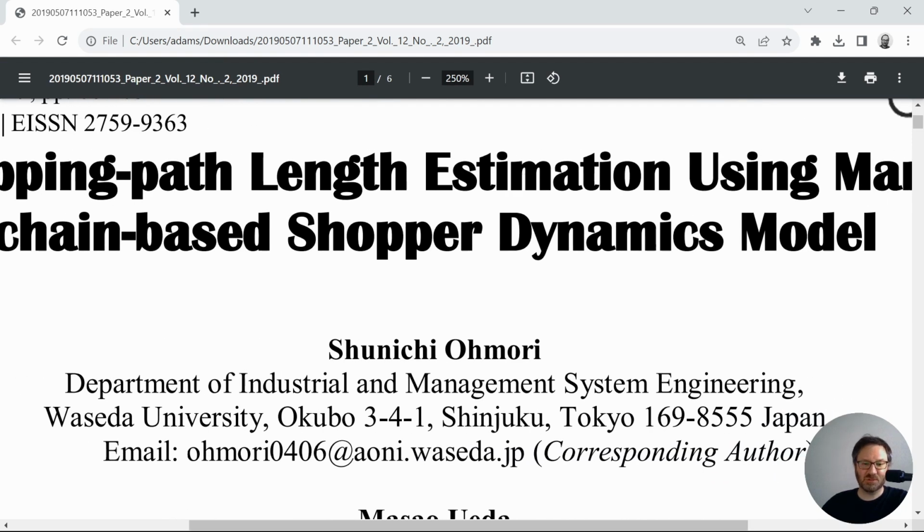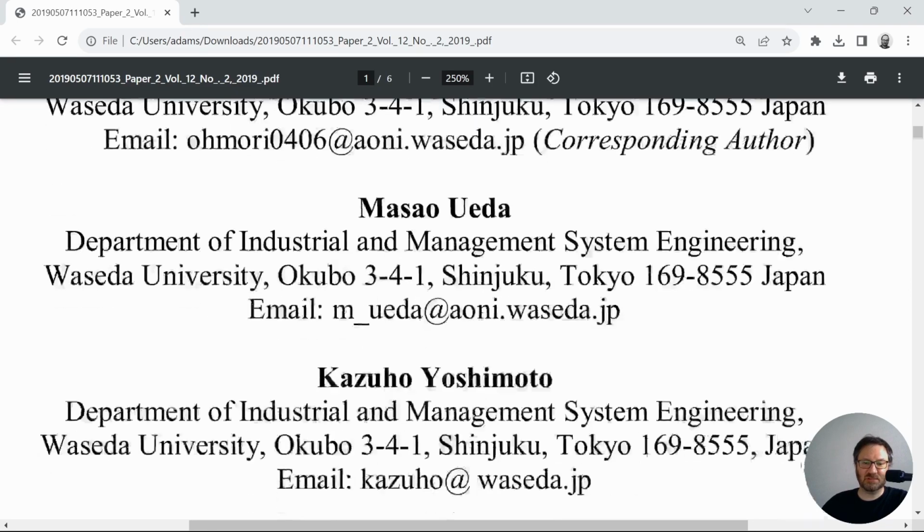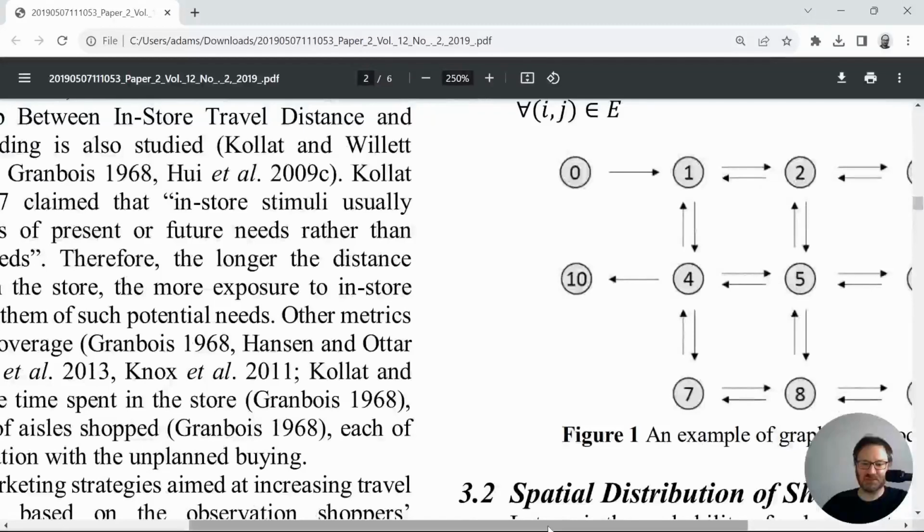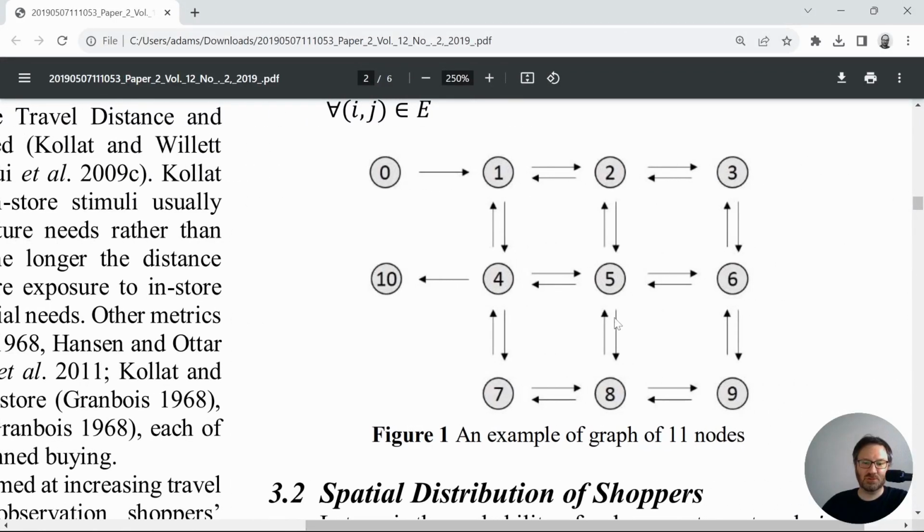Okay, so what happened in this study, apologies for scrolling down here, is they actually have a similar map showing a graph of the entrance and the exit, as well as a number of different nodes or possible states where the customers might go. And then you can see that there are transitions between all of these different states. So these paths that can take place are modeled here.